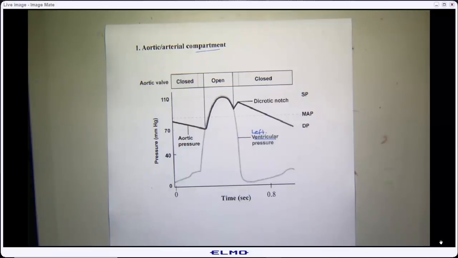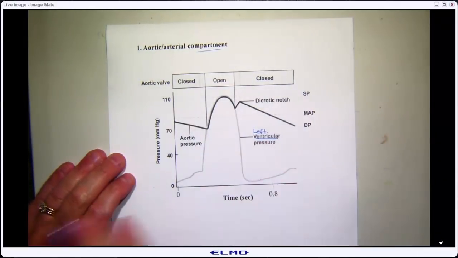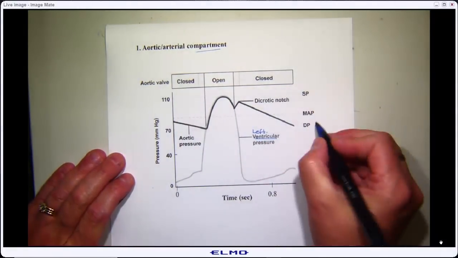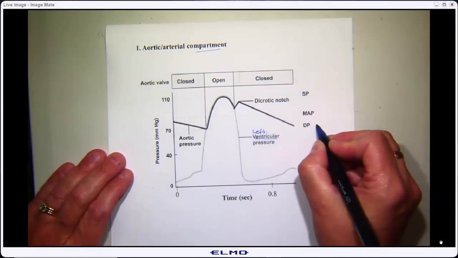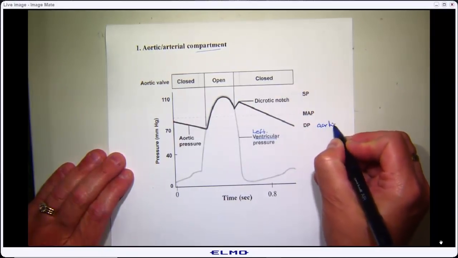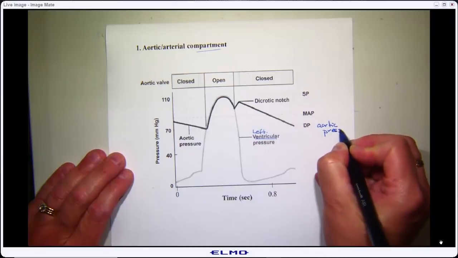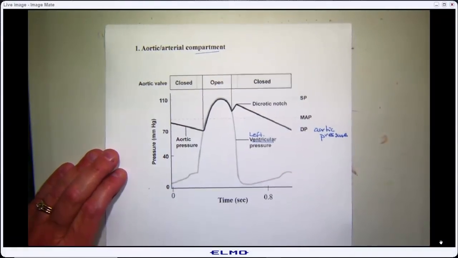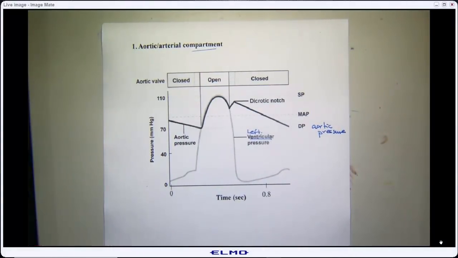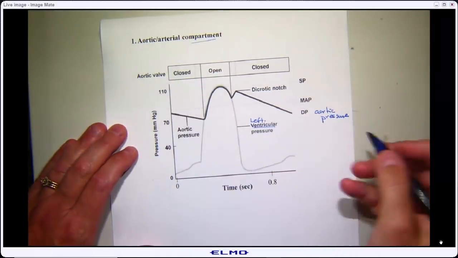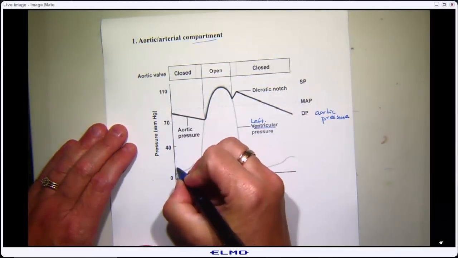We also have a depiction of aortic pressure. That shape should look familiar as well because we overlaid that on top of our pressure volume loops when we talked about the heart.